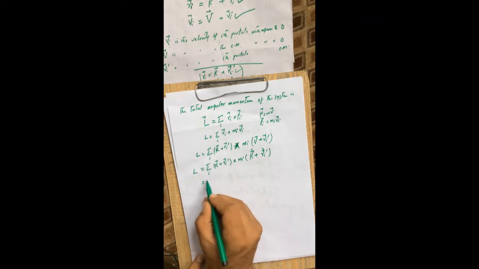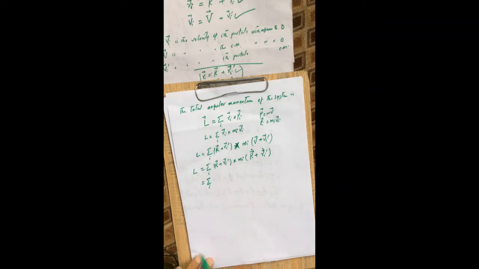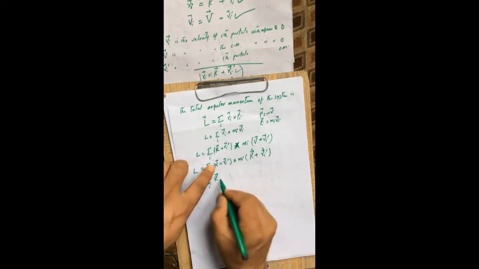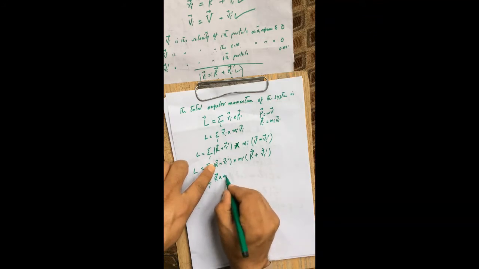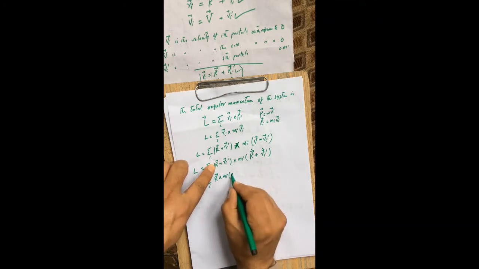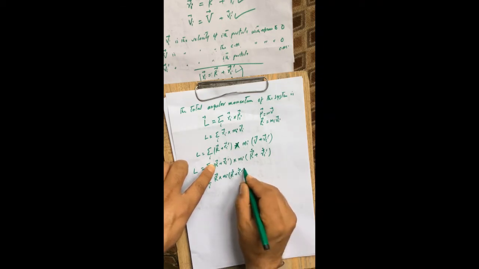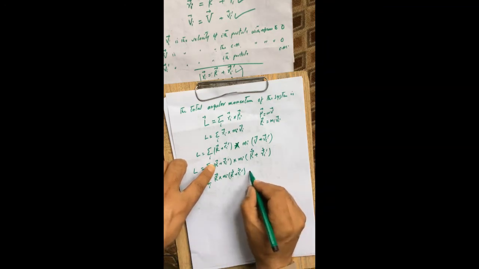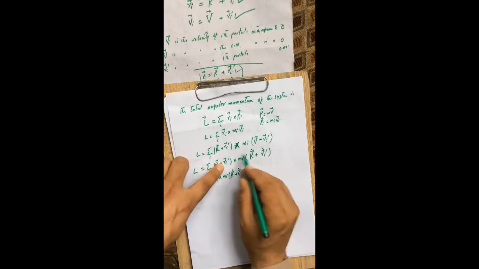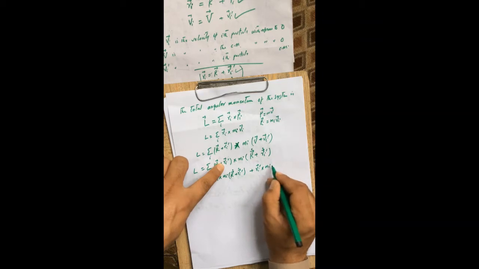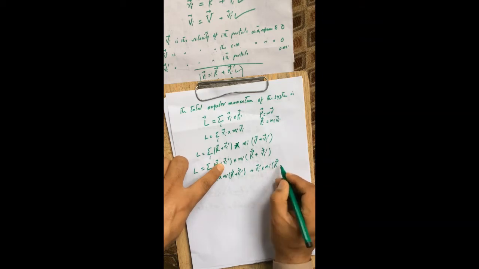So we have the sum over i of R cross Mi times (R dot plus Ri prime dot), plus Ri prime cross Mi times (R dot plus Ri prime dot).